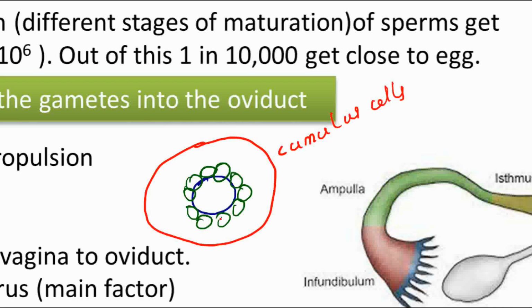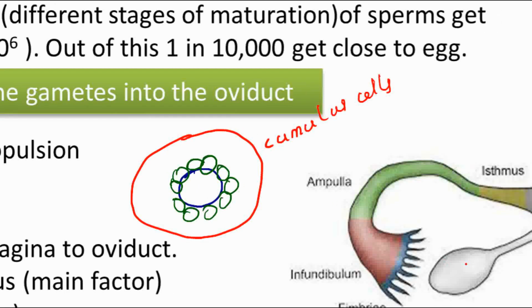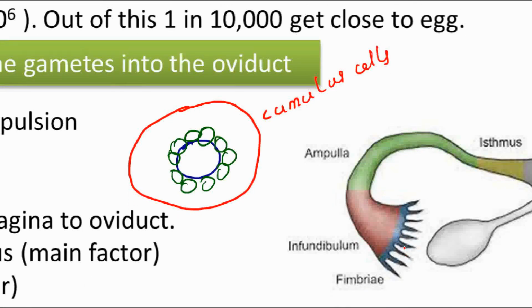What is their significance? Only an egg or mature ovum with that intact layer of cumulus cells can be picked up by the fimbriae to the oviduct. If an ovum loses its cumulus layer, it cannot be picked up by the fimbriae. That is how important the cumulus cells are.